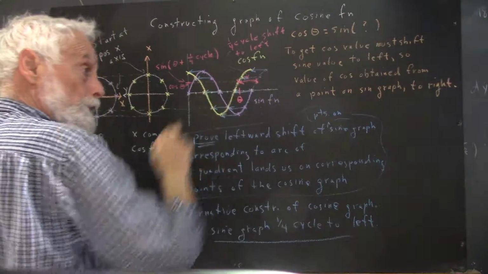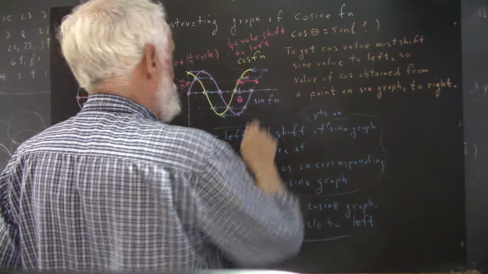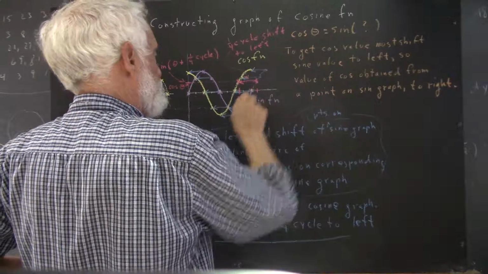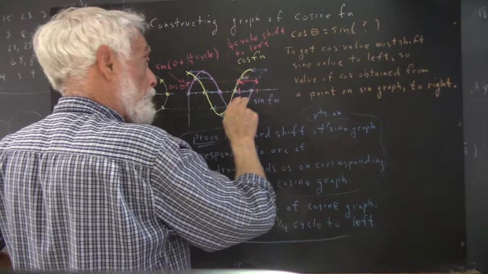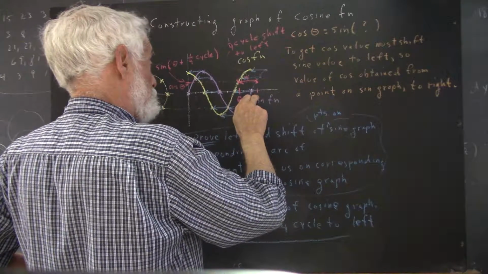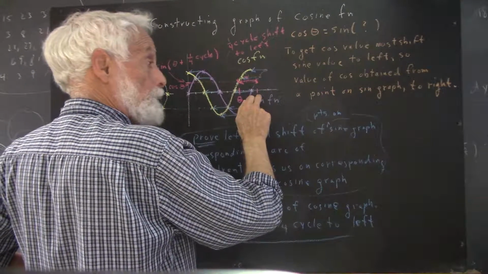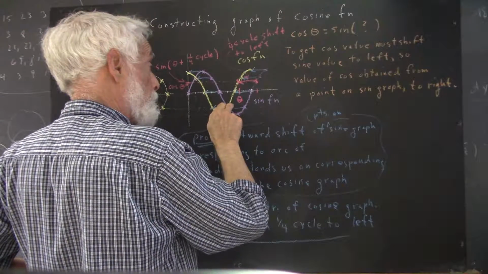There's our quarter cycle shift to the left, so what is this point here? If this point is theta, then from this point we shift a quarter cycle to the left to get theta.